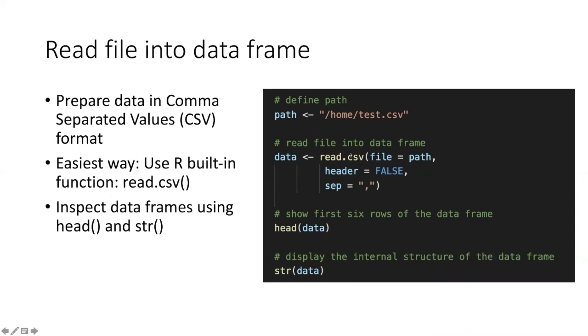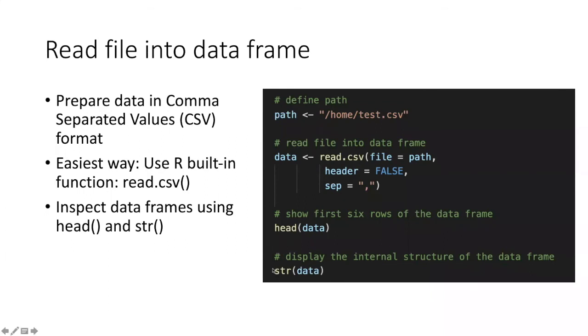You can redirect the output of read.csv and assign it to a data variable. And now the data should consist of all the information for the data frame. So if you have a data frame already in your environment, you can inspect it using two functions. The head function will show the first 6 rows of the data frame, so it's easy to check what kind of information is in it.